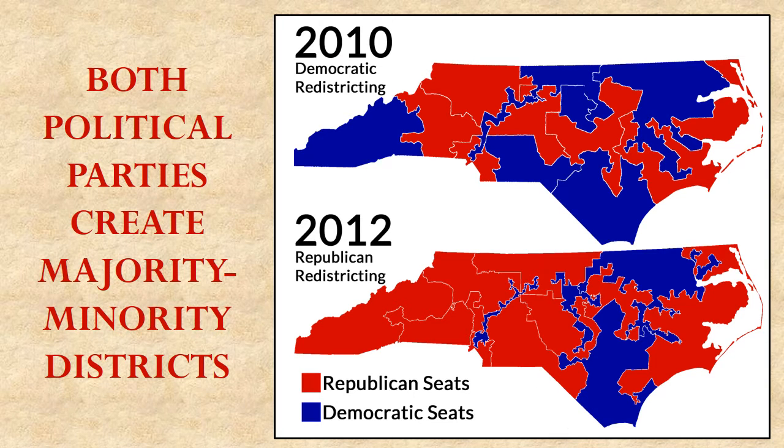Prior to the 2010 census, allowing for a new redistricting of North Carolina, the boundaries looked as they appear in the top map. This had been designed by a Democratically controlled legislature. Now notice you can still identify that 12th district on the map. It's that long, thin one that you see, sort of in the middle of the state.